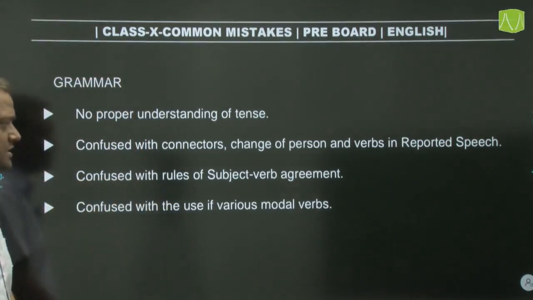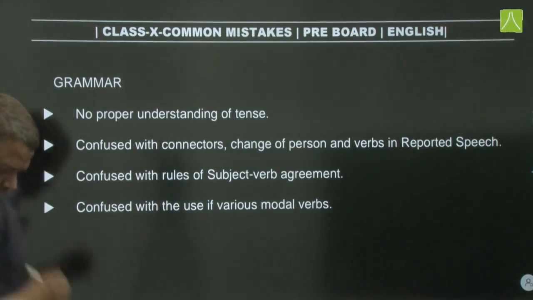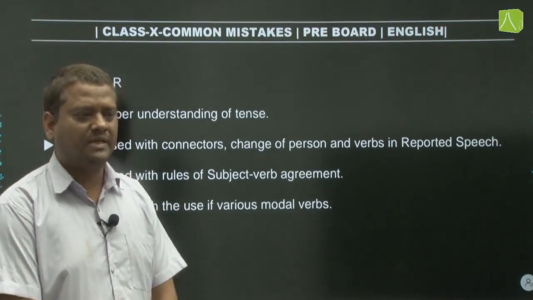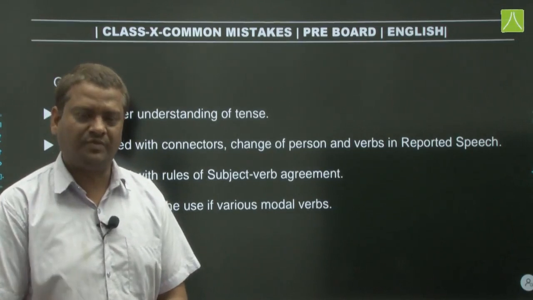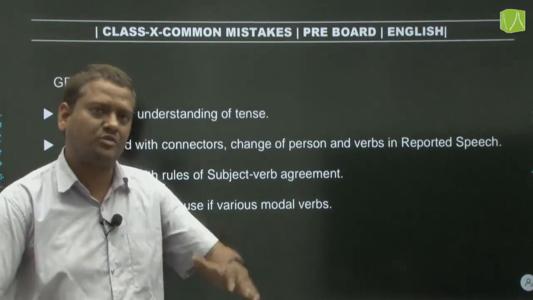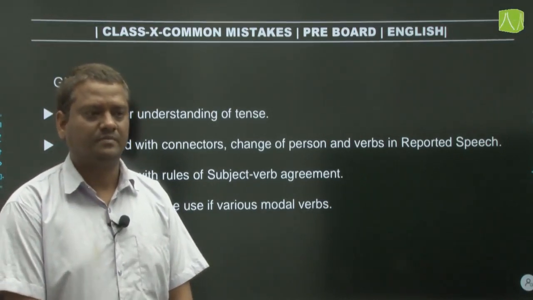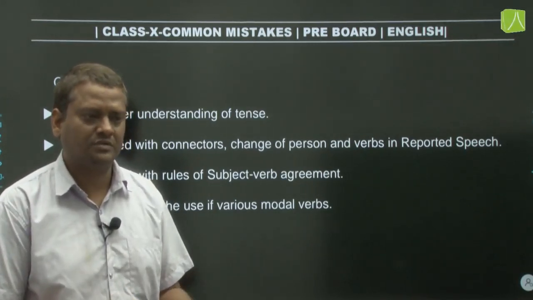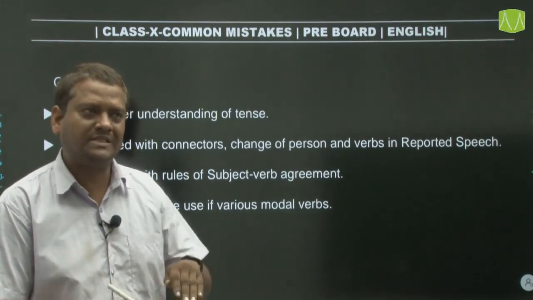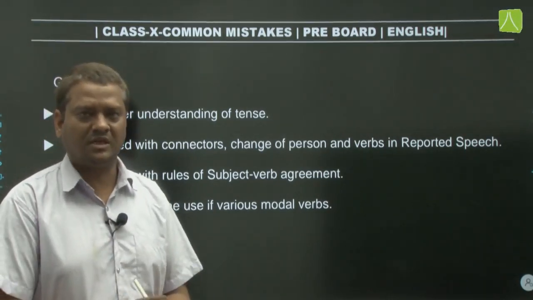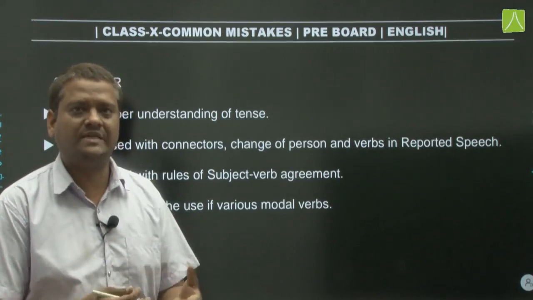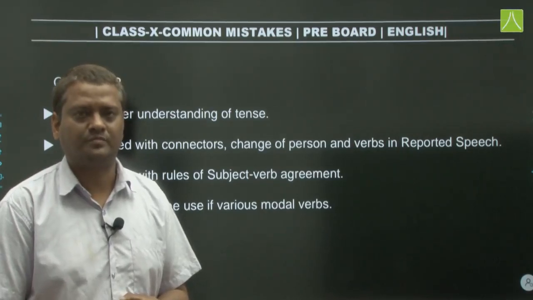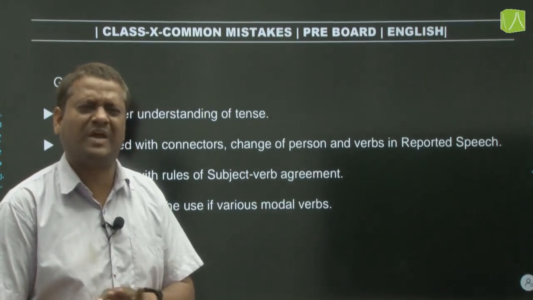Confused with rules of subject verb agreement. देन हमारा थर्ड टॉपिक है ग्रामर में सब्जेक्ट वर्ब अग्रीमेंट। मैं आपको बता दूं कि कुछ 12 to 15 रूल्स हैं, उसी पे बेस्ड होता है हमारा क्वेश्चन क्लास 10th का। तो हम कंफ्यूज हो जाते हैं, we are confused to calculate that the subject is plural or singular. There are certain rules, so you should read them, you should have exercise of them, you should revise them. आप उनको बार बार रिवाइज करो, हो जाएगा। All these topics are very very simple.